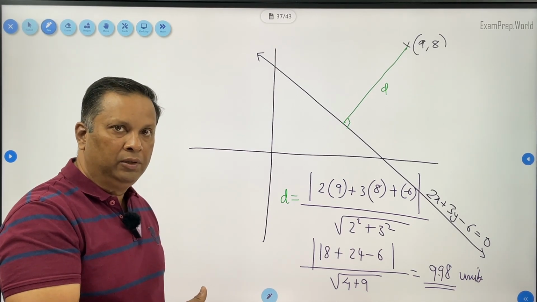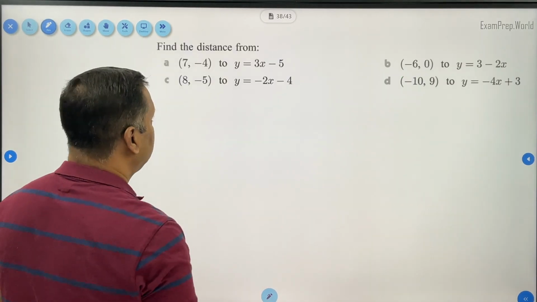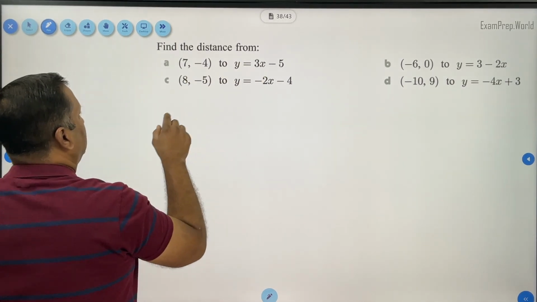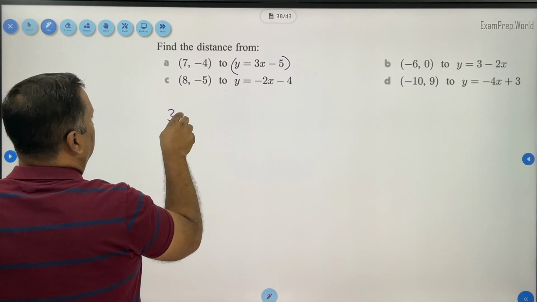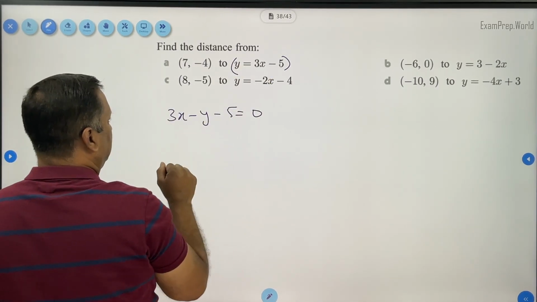Let us go ahead and do some questions from our website. We have a point and we have a line. So this one, first convert it into standard form. It will be 3x, y goes there, minus 5 equal to 0.